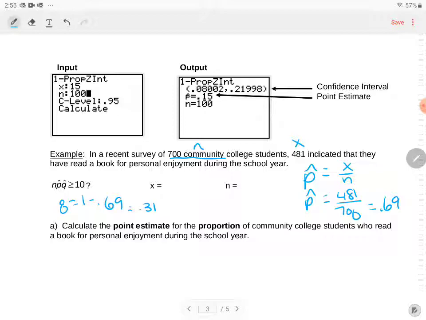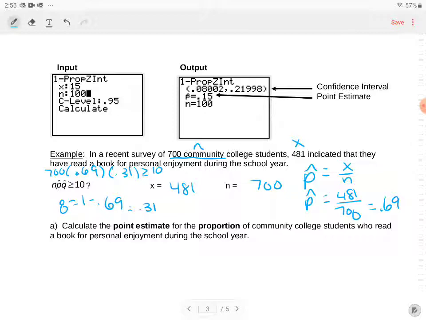So if you multiply 700 times 0.69 times 0.31, it is greater than or equal to 10. That is true. So in this case, X is 481 and N is 700. That means it fits the conditions for a point estimate.